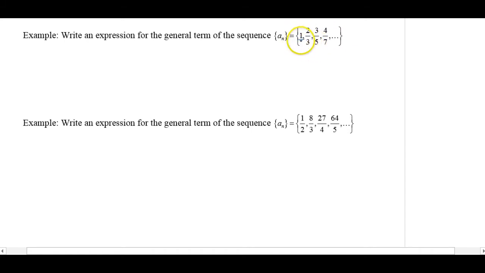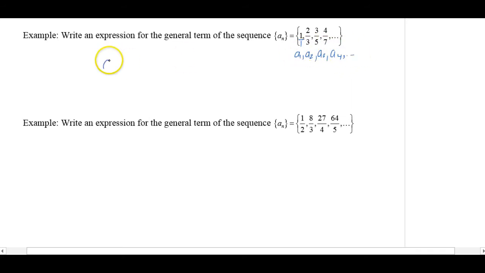Well, 1 is really 1 over 1, so I can still think of the first term as a fraction. And because I'm deciding the general term, I can also decide the index. So in other words, 1 over 1 can be a sub 0 or a sub 1. And since they both have 1's involved, I'm going to go ahead and call the first term a sub 1, the second term a sub 2, a sub 3, a sub 4, etc.